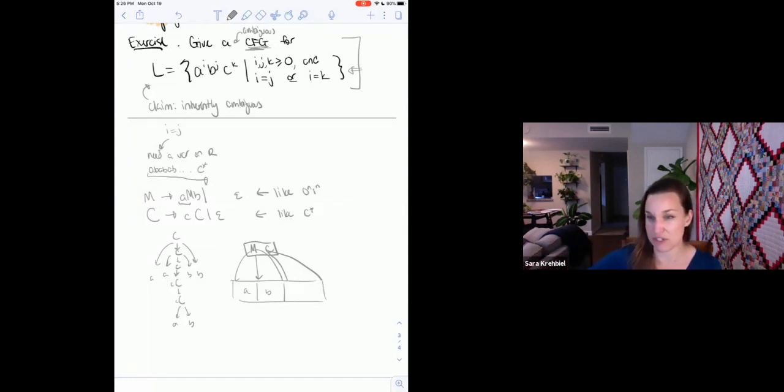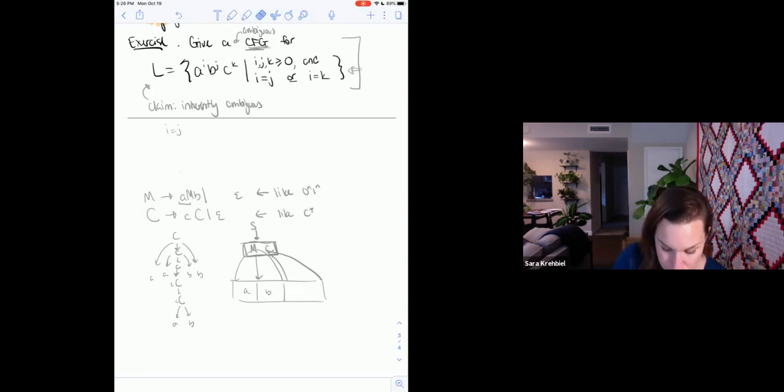And it doesn't matter if they're to the left or the right of the C. So this can be generated from some start variable. So we're using multiple variables so that we can connect different pieces of this problem together.